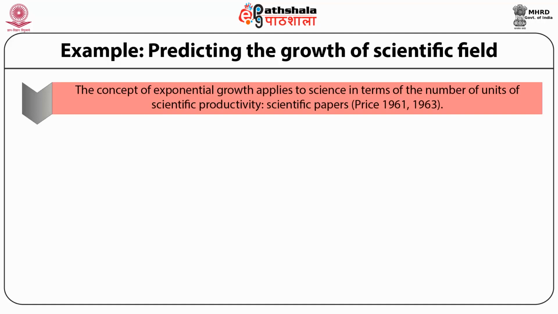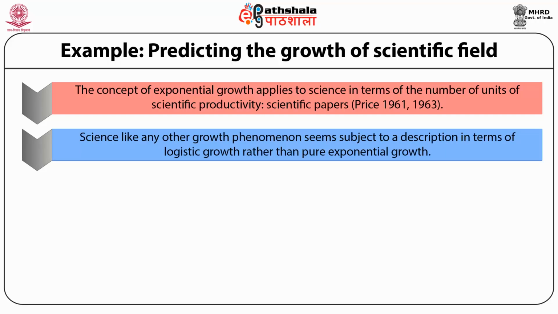The concept of exponential growth applies to science in terms of the number of units of scientific productivity, scientific papers. This was first highlighted by Derek de Solla Price in 1961 and 1963.